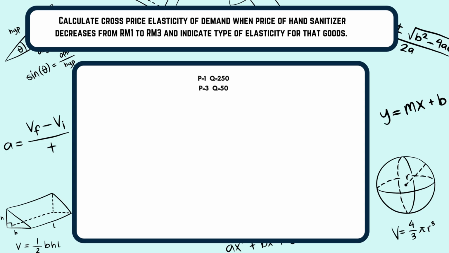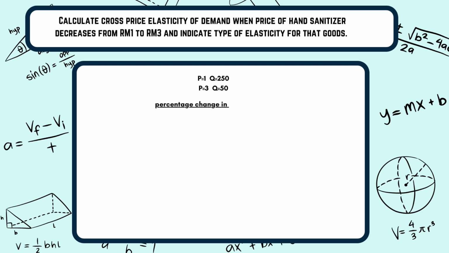Calculate cross price elasticity of demand when the price of hand sanitizer decreases from RM1 to RM3 and indicate the type of elasticity for that good. At the price of RM1, the quantity of hand sanitizer is 250. At the price of RM3, the quantity of hand sanitizer is 50.